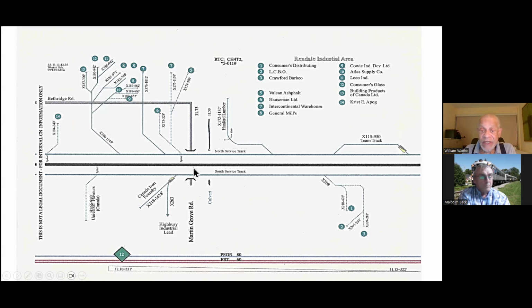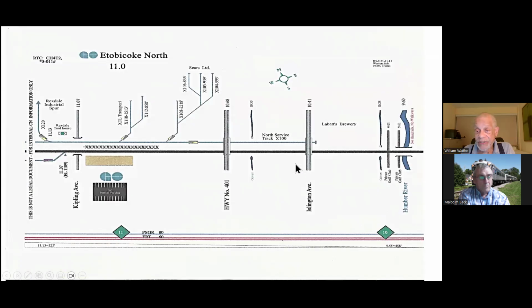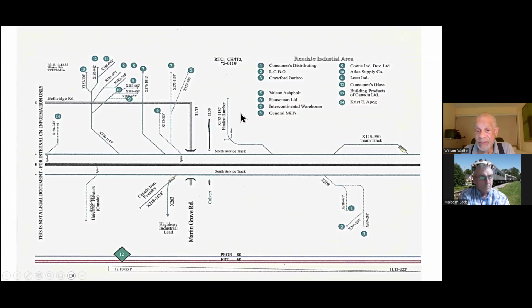The main track here now is a four-track main line used exclusively or almost exclusively for passenger. There's the Via line, and there is a commuter line, the GO Train, and there is an express line from Union Station to Pearson International Airport.